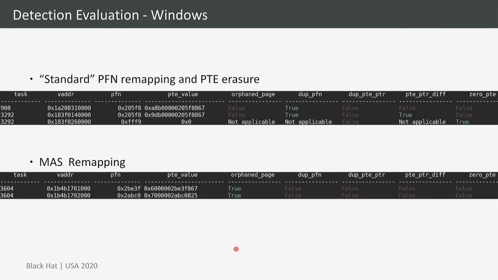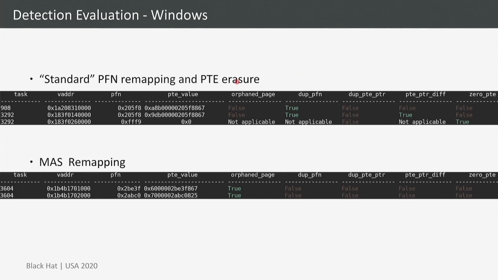Here are some examples for detection on Windows. In the first case, we have an output of our recall plugin for the standard PFN remapping, not our modified version, so how it would look in the output if we used the standard version, and also for the PTE Erasure. The first 2 entries here are an output for the PFN remapping. We can see in the .pfn column that we have a true for the first 2 entries.